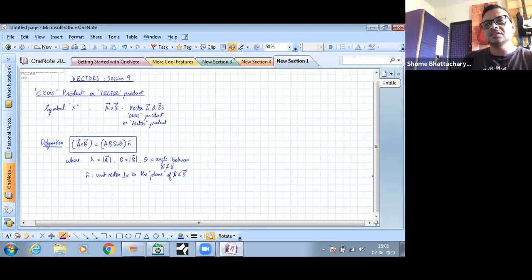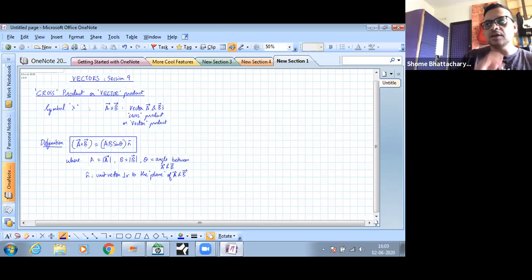So first, let's go step by step. First, let's understand the definition of cross product. The definition of cross product is given by this, that it is equal to AB sine theta multiplied by a unit vector, because the quantity AB into sine theta is a magnitude. It is magnitude of A multiplied by magnitude of B multiplied by sine theta, where all three quantities are scalars. Mod A, mod B, and sine theta are scalars. But the moment we multiply it with this n cap, it becomes a vector quantity.